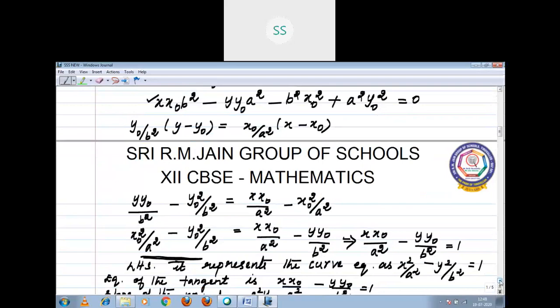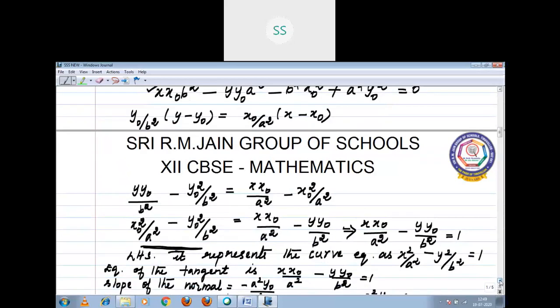For that purpose, I took y naught by b square to the left side and multiplied, as y naught by b square minus y naught square by b square equal to x naught by a square minus x naught square by a square. The left hand side I underlined. It represents the curve equation x square by a square minus y square by b square equal to 1. So x naught by a square minus y naught by b square equal to 1.